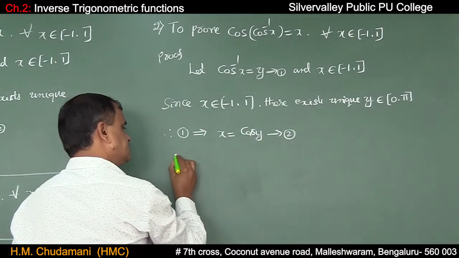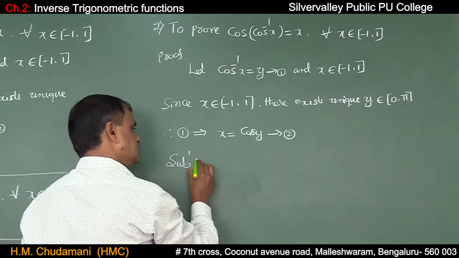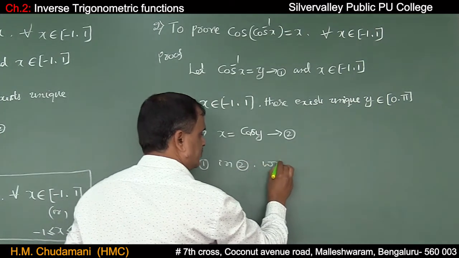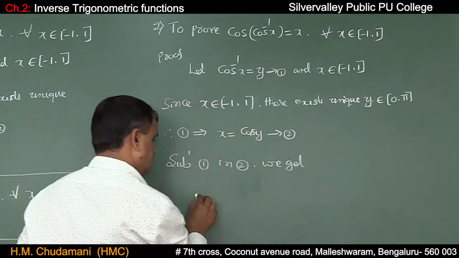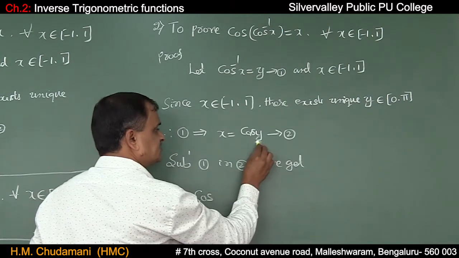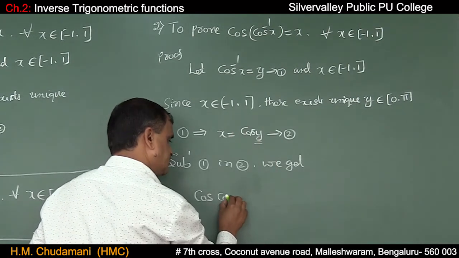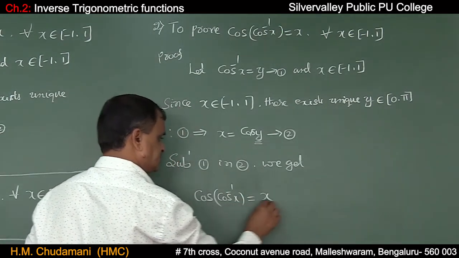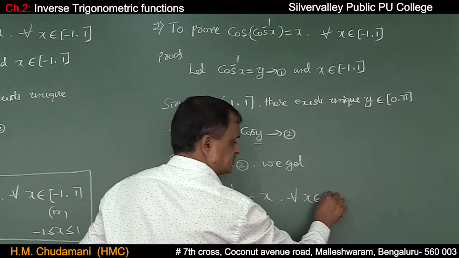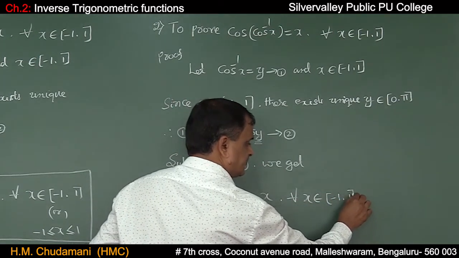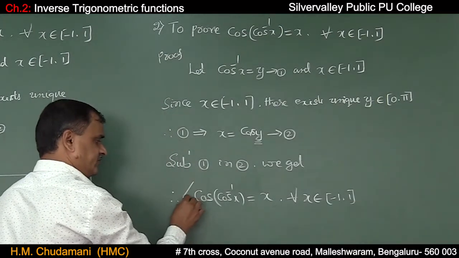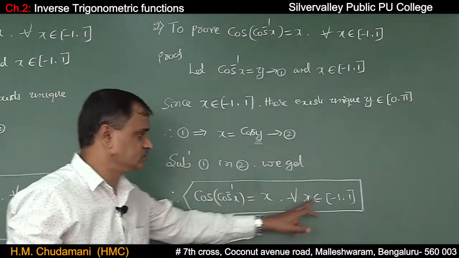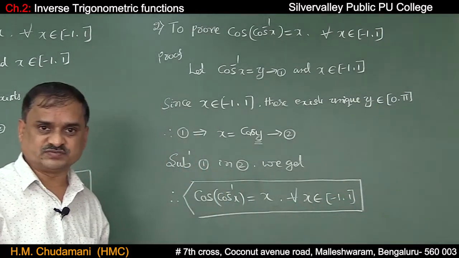So therefore substitute equation 1 in 2, we get cos of, in place of y, cos inverse x is equal to x for all x belongs to minus 1 comma plus 1. So cos of cos inverse x is equal to x for all x belongs to minus 1 comma plus 1.